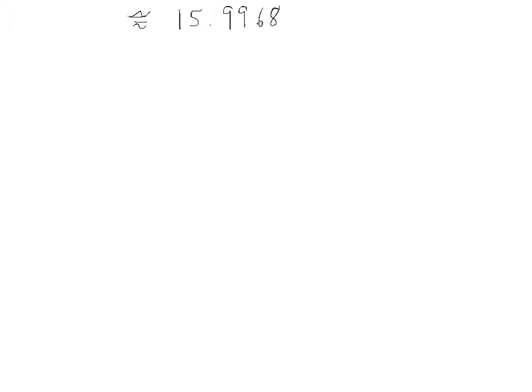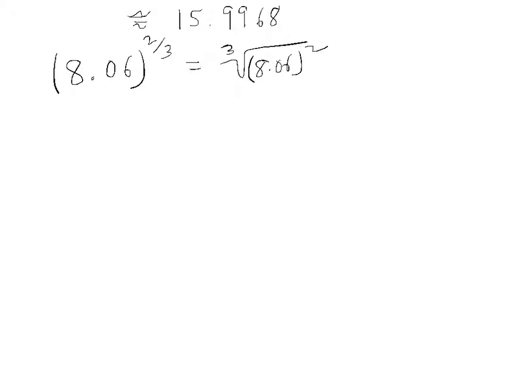Now the other linear approximation that you wanted me to do, okay, here we go, 8.06 to the 2/3 power. Now just remember from your math that that really means the cube root of 8.06 squared. So the function we're going to choose is x to the 2/3, or the cube root of x squared.